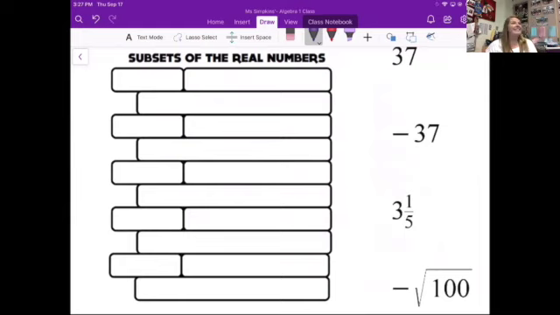N, yes, N. So N is going to represent our natural numbers. And I'm going to list a few of those. We're starting with 1, 2, 3, 4, and then my little ellipses for etc.